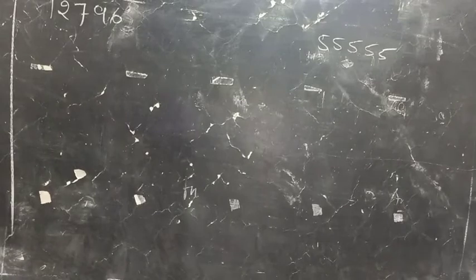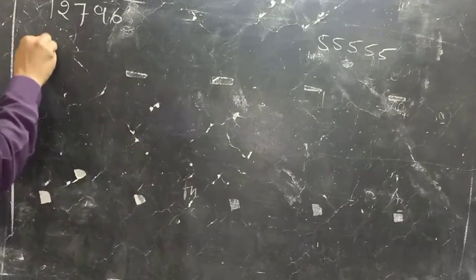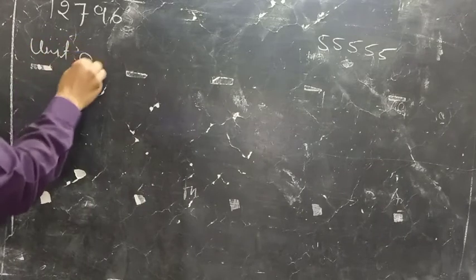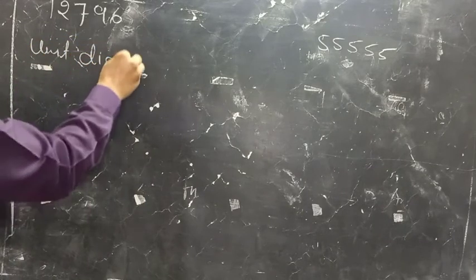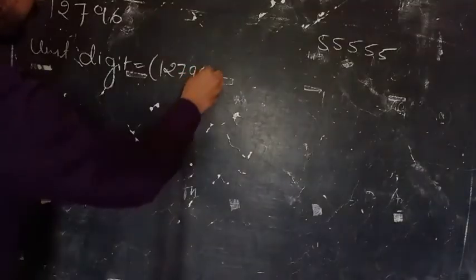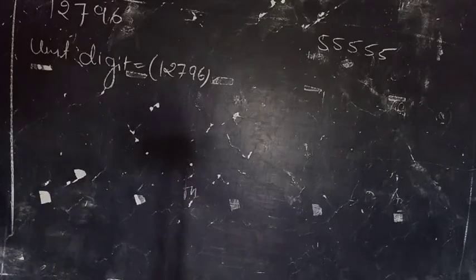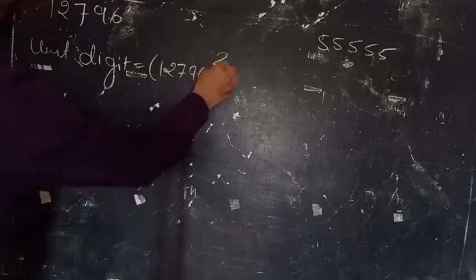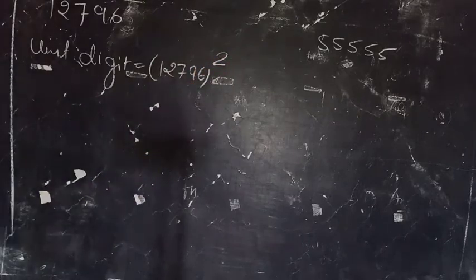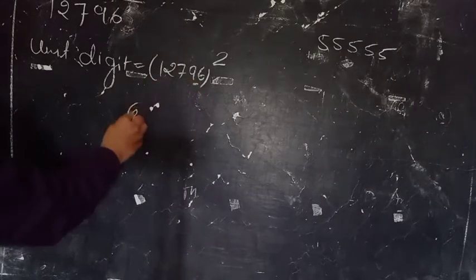Now the last two examples of the same type. Unit digit of the square of 12796. The unit digit is 6 here.